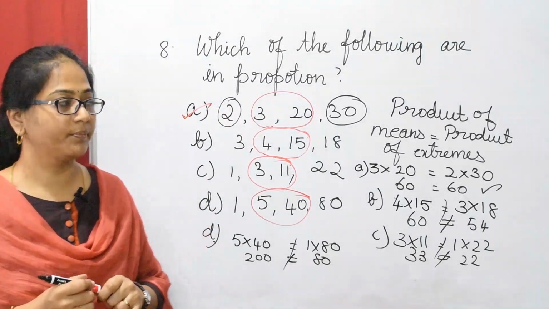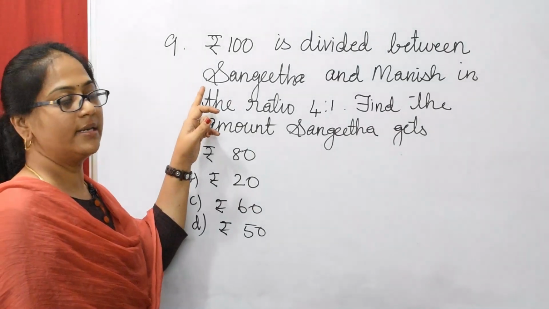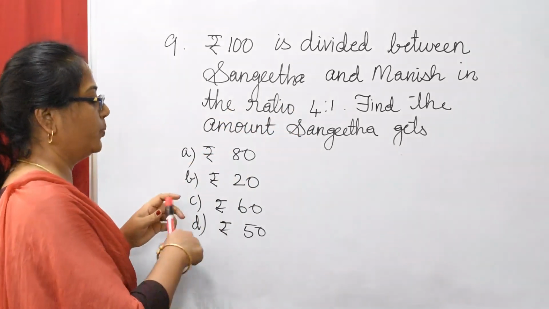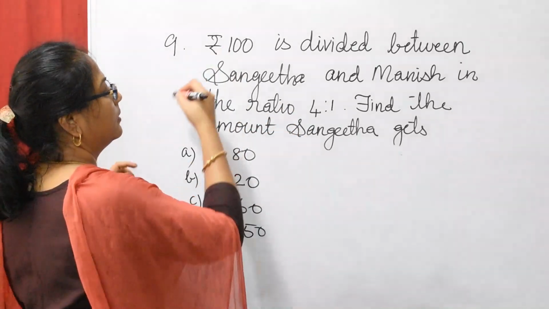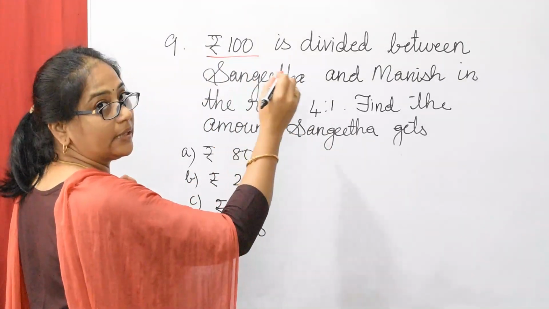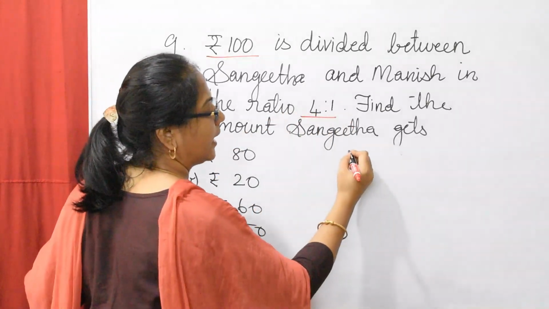Understood, students? Now let's start with question 9. Okay, so rupees 100 is divided between Sangeeta and Manish in the ratio 4:1. So first let us start.